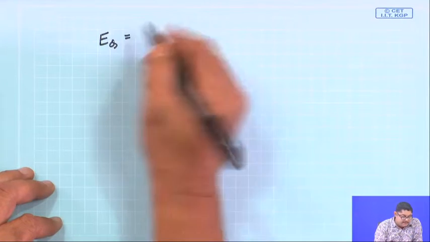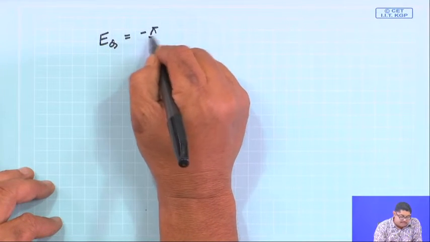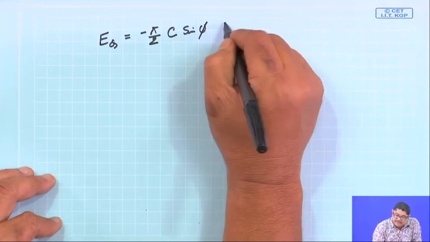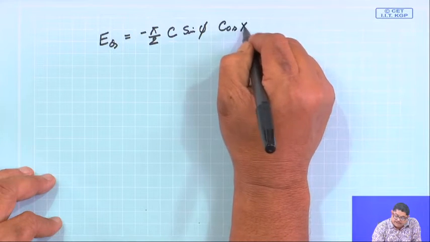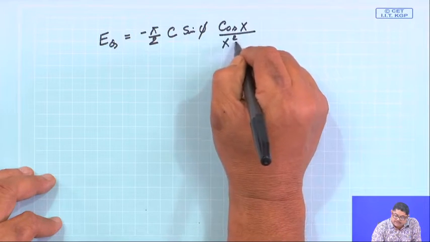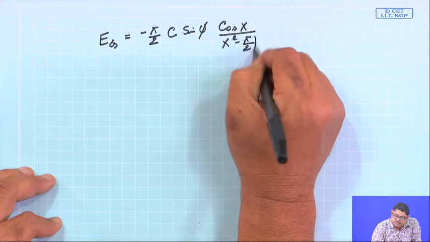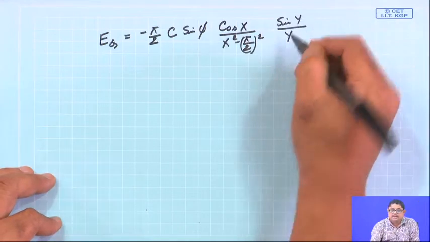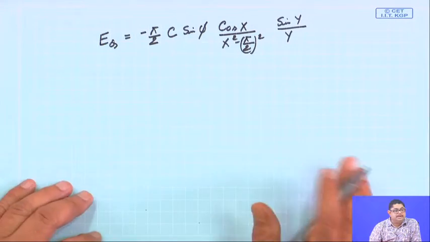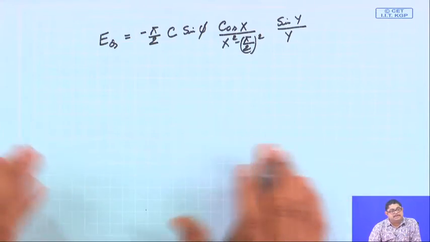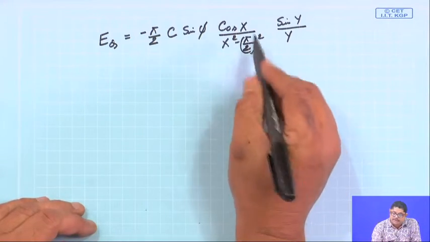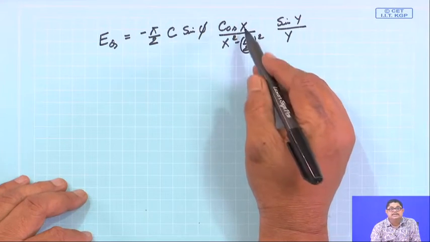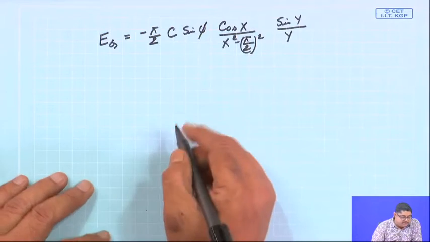E theta can be easily written as minus pi by 2 C sin phi, the only change here being cos x by x square minus pi by 2 whole square, into sin y by y. These x and y definitions are the same as in the uniform illumination case. So, you see, only here instead of the sinc function sin x by x, this is the new thing due to the illumination.